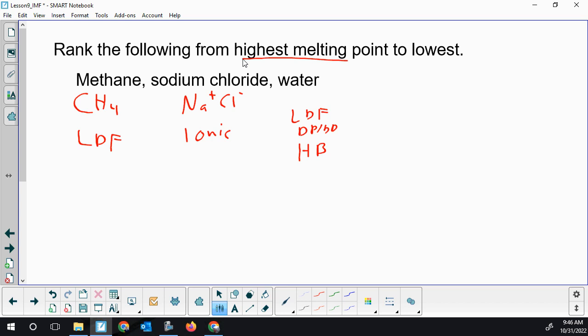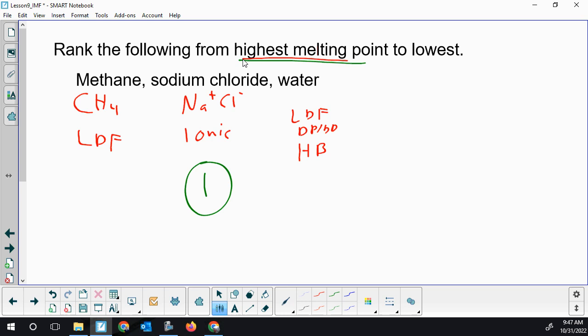We've talked about it a bit. Ionic compounds are all super high, like 1,000 degrees in the difference. I think sodium chloride is 800 degrees just to melt, where water melts at 0. So anything ionic will be by far the highest, and we're going highest to lowest, so that's going to be our number 1 by a country mile.